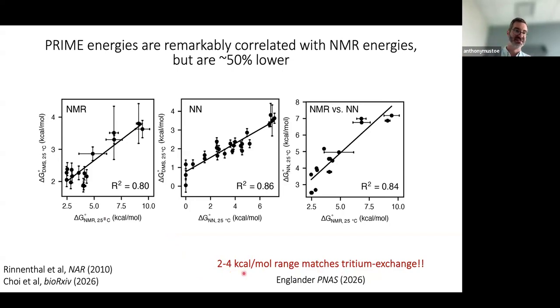This discrepancy between NMR values, which suggest it's more akin to 6 to 10 kcals per mole, versus these tritium exchanges has been a long-standing controversy in the field. So it's interesting now that our data are more consistent with this lower estimate.